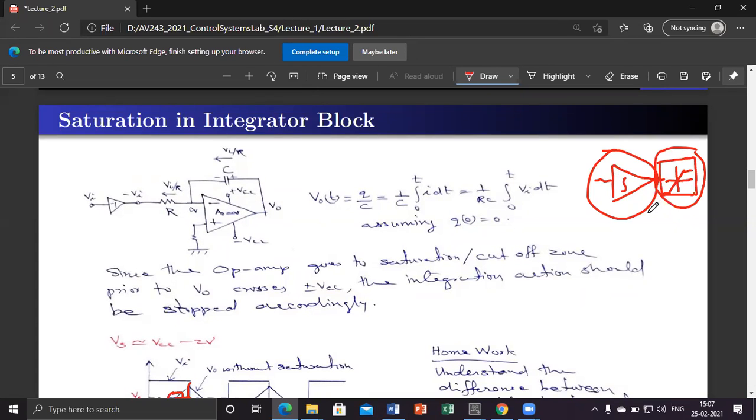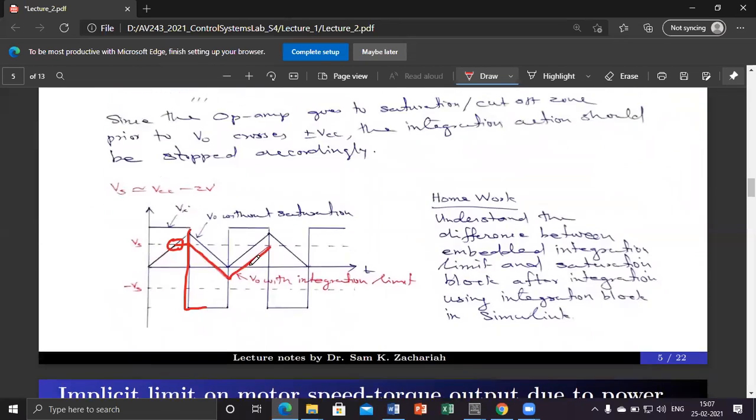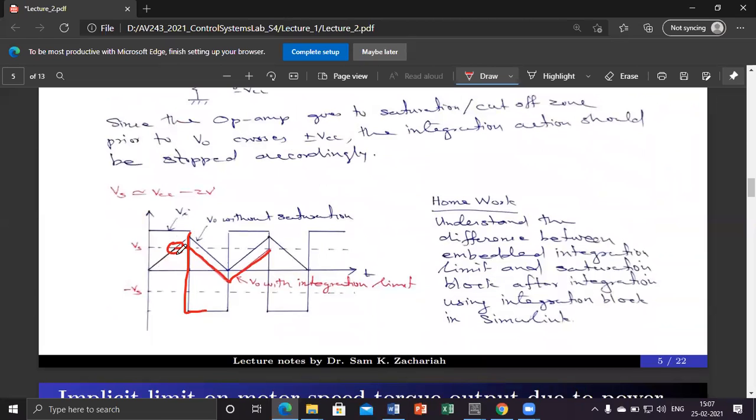Internal limits means that is a reality. Here, the integration action itself should be stopped. That is what I am comparing here. Suppose in the ideal case, we allow the integrator action to follow like this. And if you put a limit outside, what will happen?